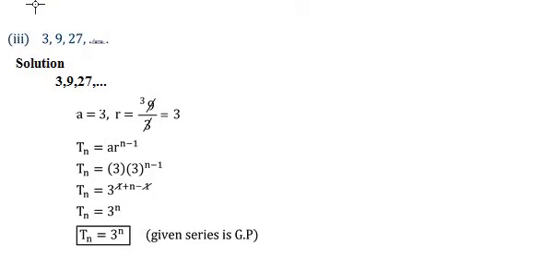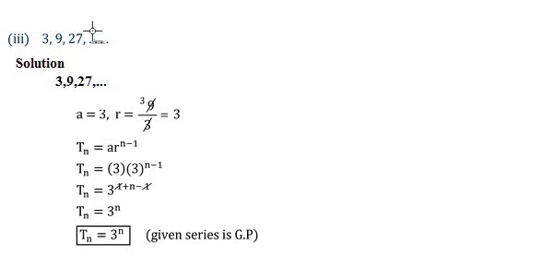So we can check using another method, r is equal to the second term divided by the first term. So 9 divided by 3 equal to 3, and 27 divided by 9 equal to the same 3. So we can say that the given series is a geometric progression, the given series is GP.